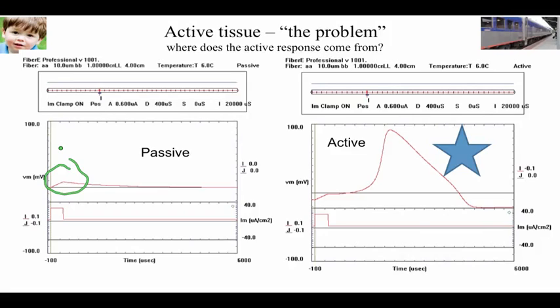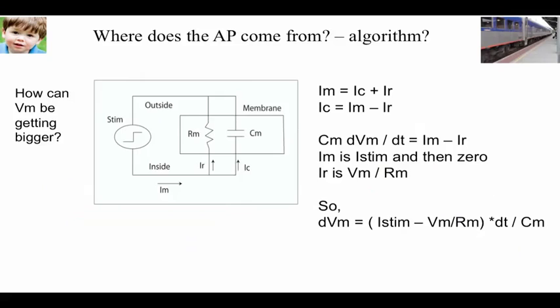Now the problem is, but also the wonderful feature is, that in active tissue, after that little bump, there is a huge response thereafter, which is called an action potential. However, the model that we had did not explain where that action potential came from, and in fact it seemed to even rule it out, because at the end of the stimulus, we had a charged capacitor.